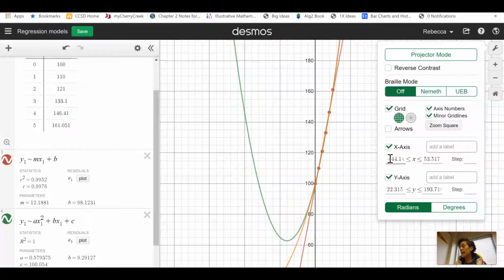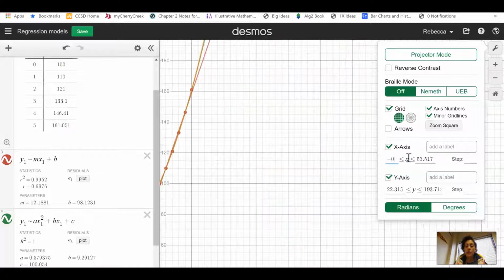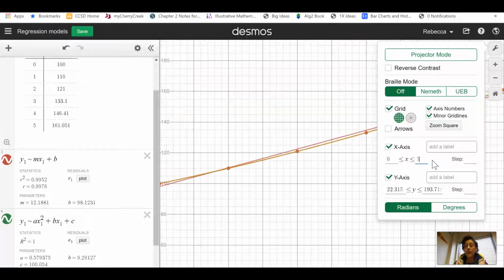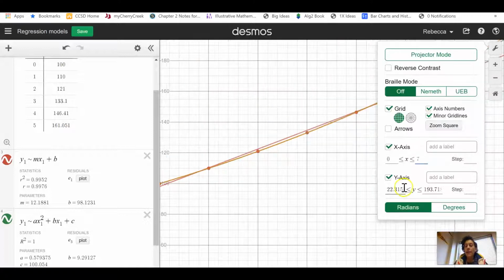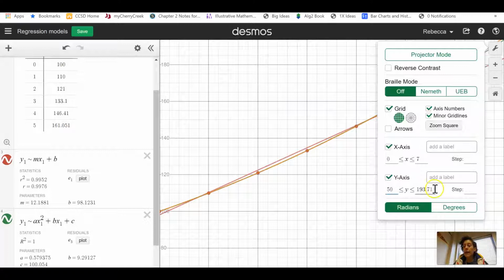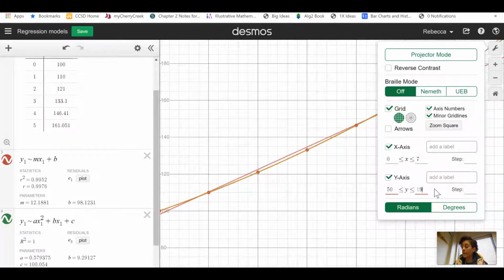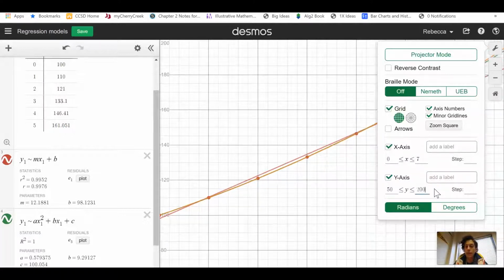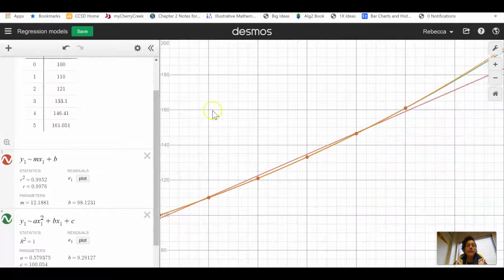So I see time going from 0 to 5, so I can make my x-axis go from 0 to maybe a little bit higher than 5, like 7. And then my y-axis, I need anywhere from 100 to 161, so maybe I'll go a little lower, like 50, and a little higher, 200. All right, and then you can see the points.